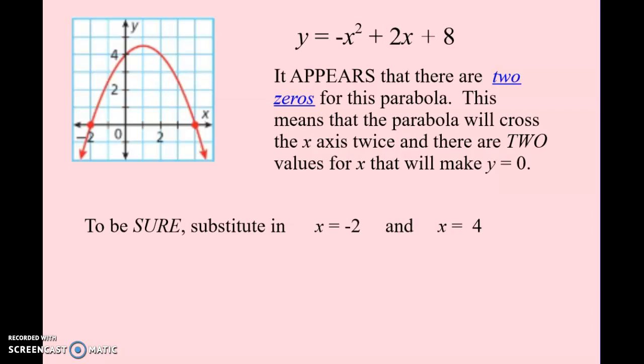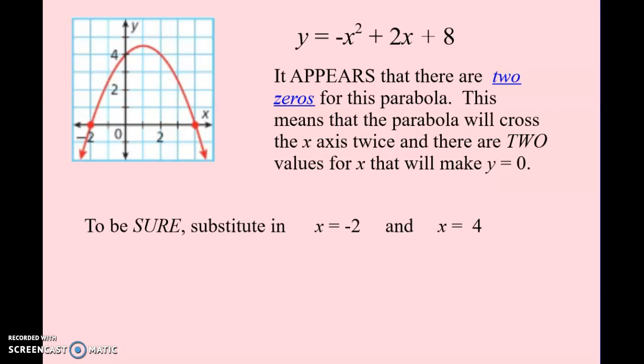Don't forget that PEMDAS is extremely important and that we need to make sure that you square first. So -2 squared is 4. Multiplied by the negative in the front, that makes it a -4. Plus another -4 equals -8, plus the c, which was 8, -8 plus 8 equals 0.